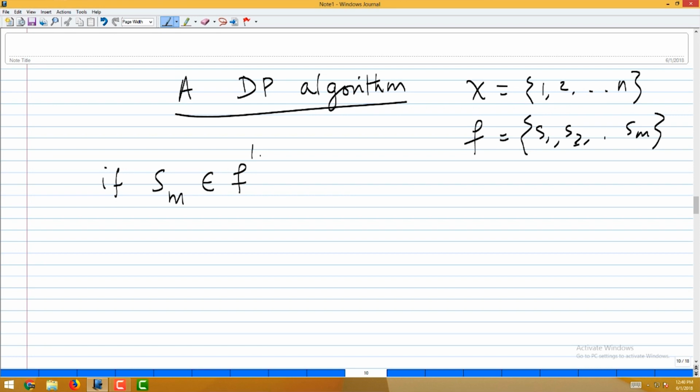Okay. So, the final Sm may or may not be in my optimum solution. If it is in the optimum solution, then can you tell me what about the remaining? What are they trying to do? What is the optimum substructure there? Then I claim F prime minus Sm is an optimum solution for what universe, what family?